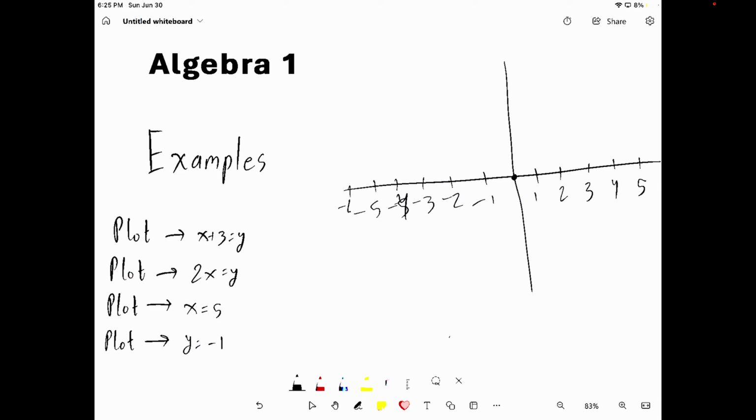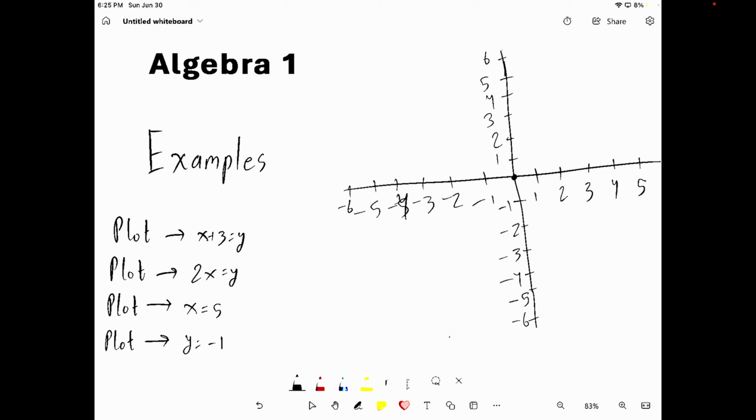Why not just add -6? Let's have 1, 2, 3, 4, 5. Let's draw a little extra. Make the 6. And -1, -2, -3, -4, and -5. Let's just draw a little more, and -6.